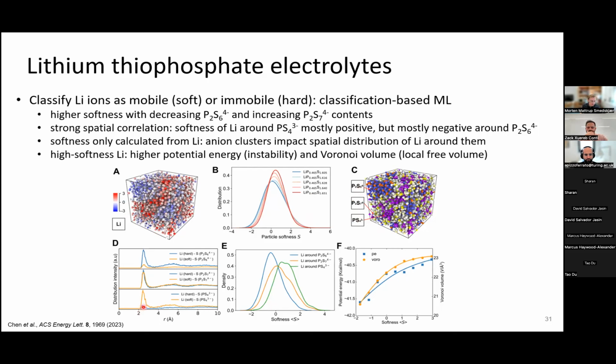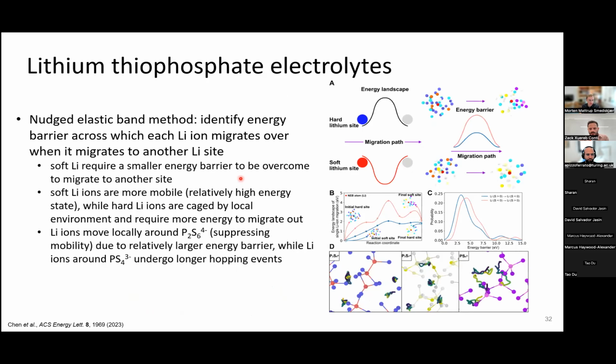We can also see that from the partial radial distribution function here for the lithium-sulfur groups, that the harder lithium has a higher probability to be closer to these hypo groups, and the softer ones are more likely to be closer to these so-called ortho groups. So this gives some insights into these features, and we can correlate, of course, again to some physical parameters like the local free volume and so on.